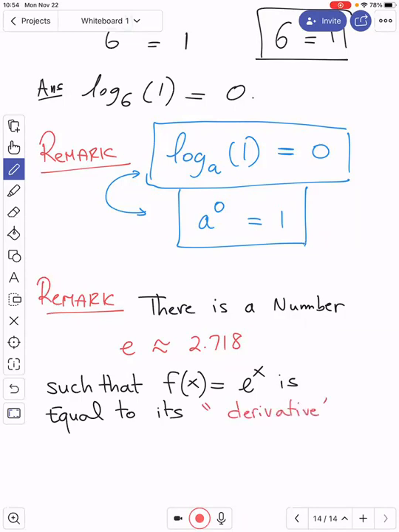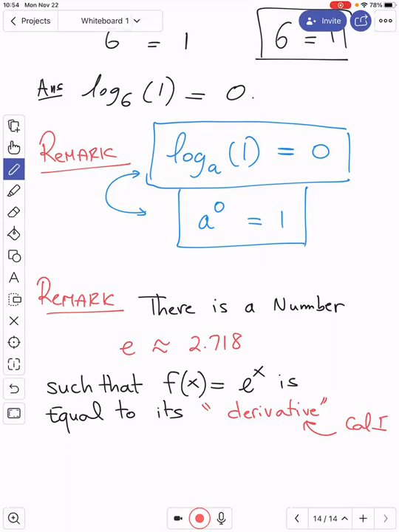So there is this very special number e for which the exponential function e to the x is equal to its derivative. You'll see this in Calc 1, but the derivative is just like the slope of the graph. Anyway, there's this special number e, like pi.